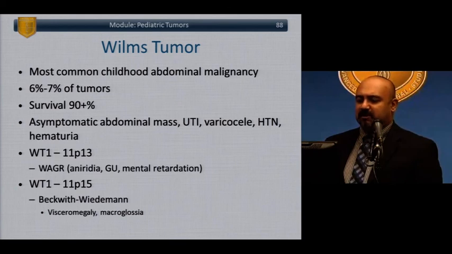The 11p15, Beckwith-Wiedemann, is probably something to remember. You can have other abdominal tumors such as hepatoblastomas, and macroglossia and other things going on with that.